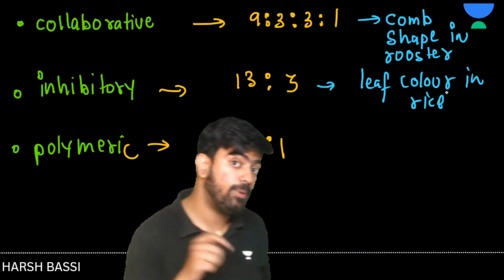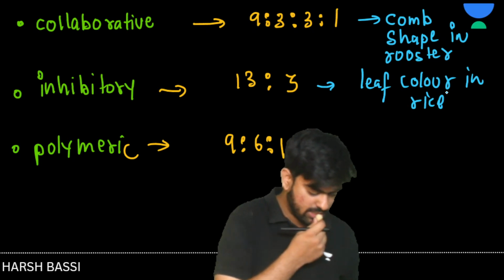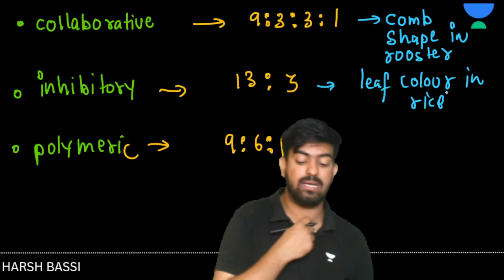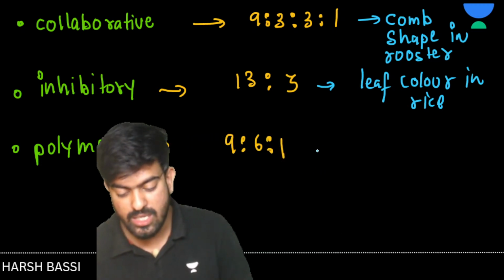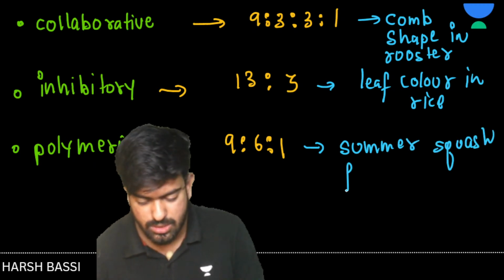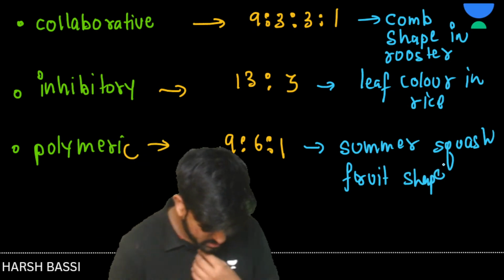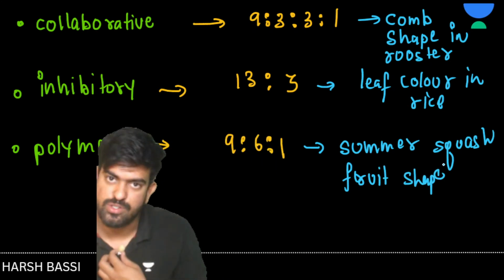And in polymeric, we have the example of fruit shape in summer squash. Just learn this: fruit shape in summer squash. This much is more than sufficient for you.